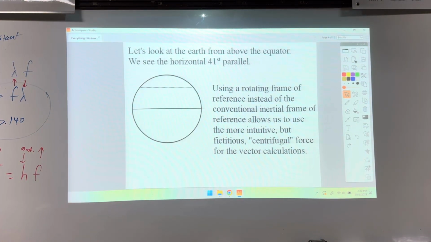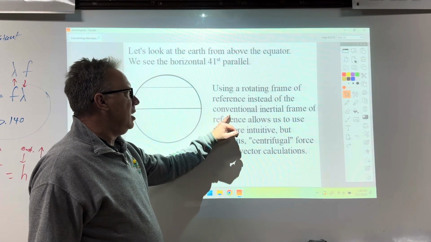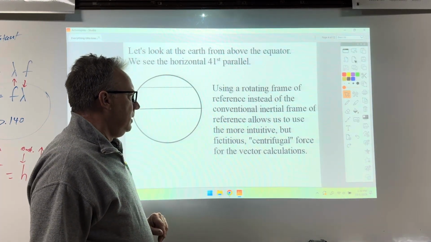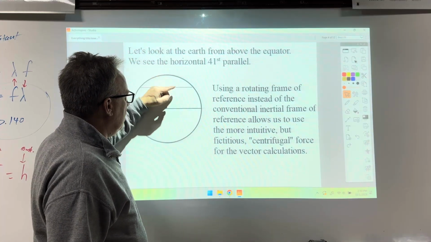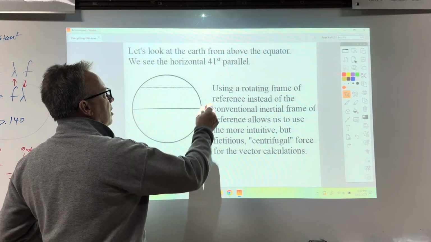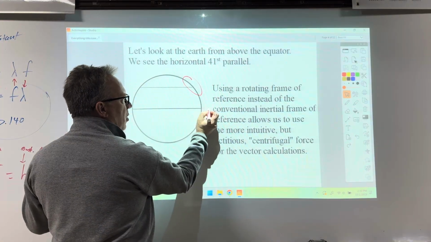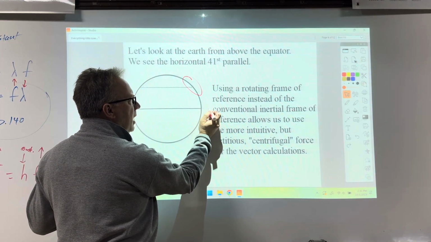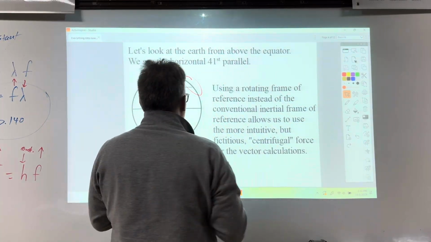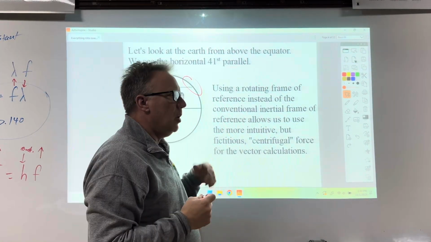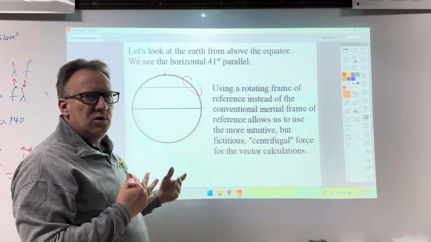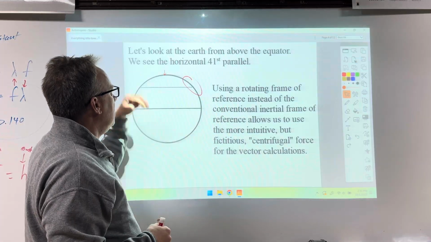Okay, we're going to use a rotating frame of reference instead of the conventional inertial frame. So you have this resolution of vectors problem that occurs here, and you don't have that problem at the equator, and you don't have that problem at the North Pole. At the North Pole, or the South Pole, you're just going around once a day, and you don't have another vector that you have to resolve, just straight down.